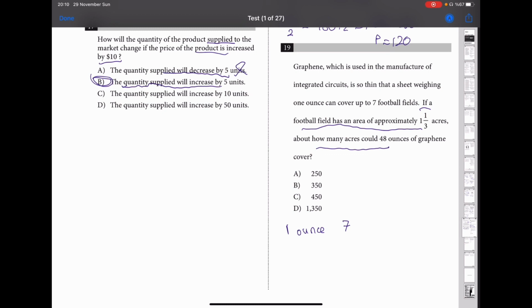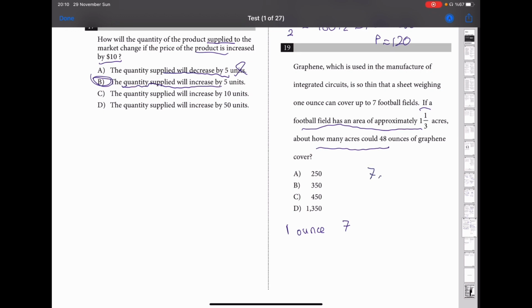Let's first find 7 football fields' area.